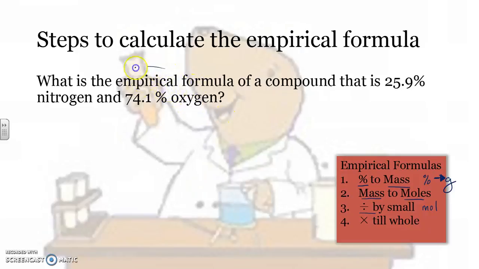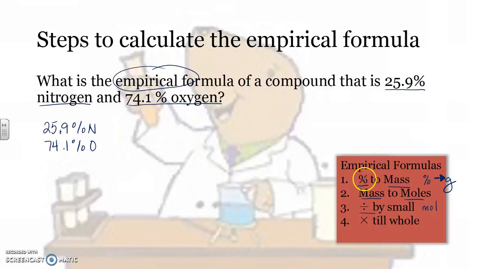What's the empirical formula? So we're looking for the empirical formula for a compound that's 25.9% nitrogen and 74.1% oxygen. All right, so 25.9% nitrogen, and 74.1% oxygen. We've got to change from percent to grams. Okay, now I said this was the hardest step, so make sure that you're paying super special attention.